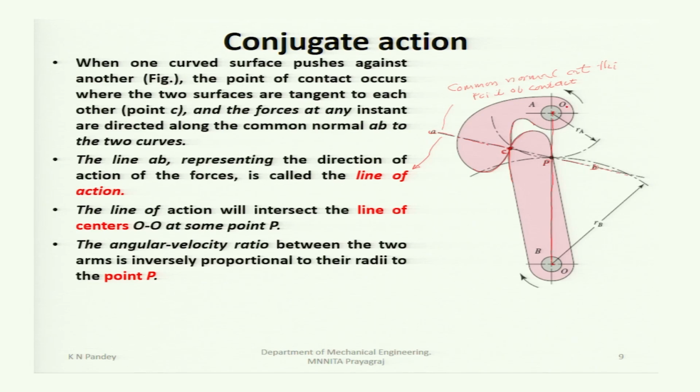If I call this OA and this OB, then the pitch radii will be RA for the body A, this circle passing through P and centered at OA, and this is the circular arc passing through the pitch point P and centered at OB.